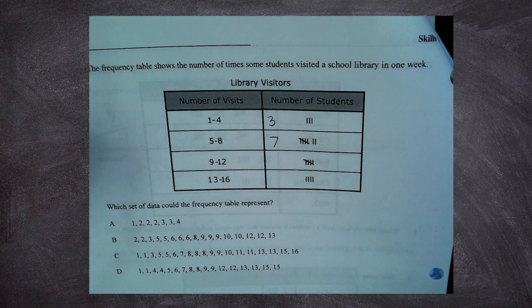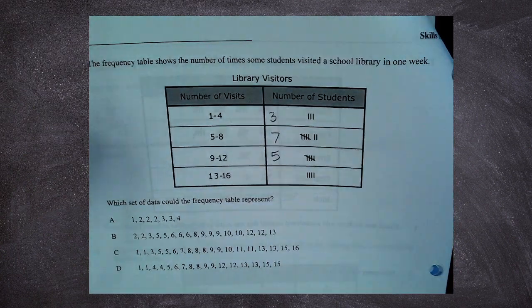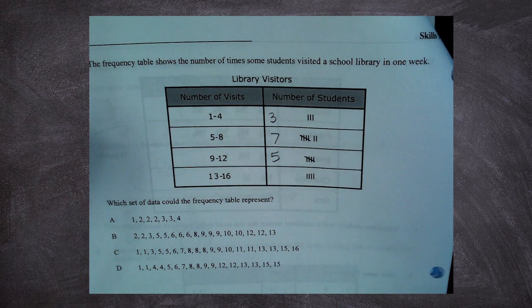What about 9 to 12 times? How many people went to the library between 9 and 12 times? Kylie? 5. Okay. And for the people that really, really love to read, how many people went to the library between 13 and 16 times?